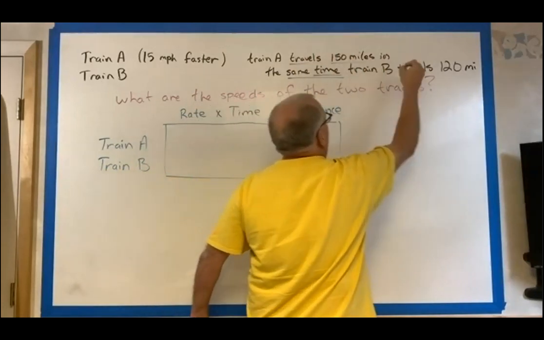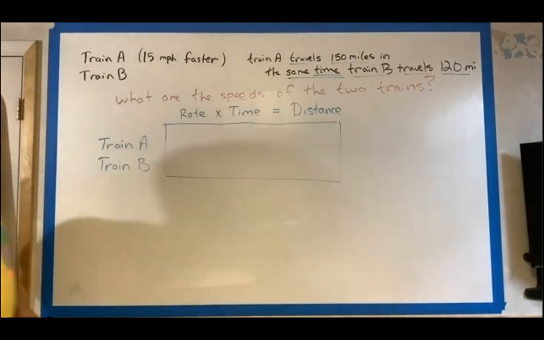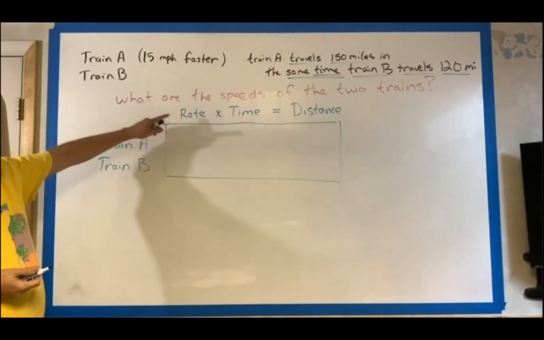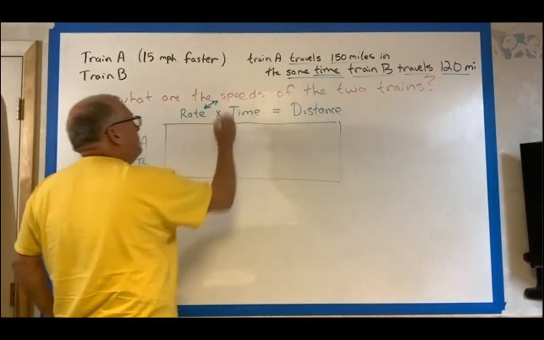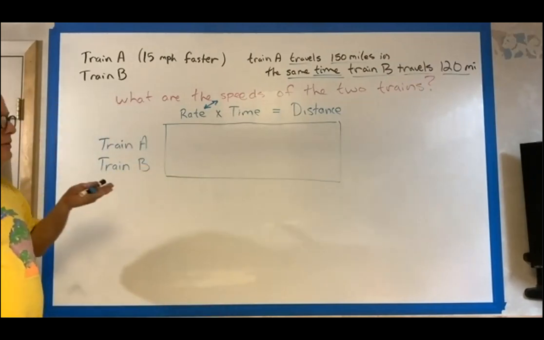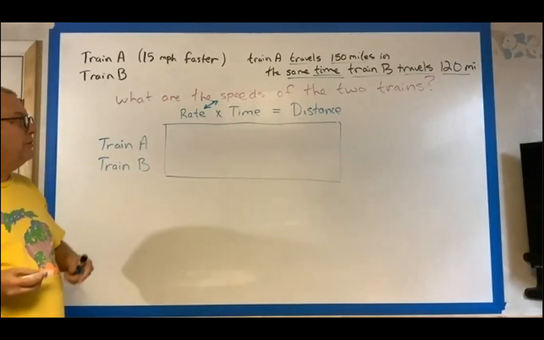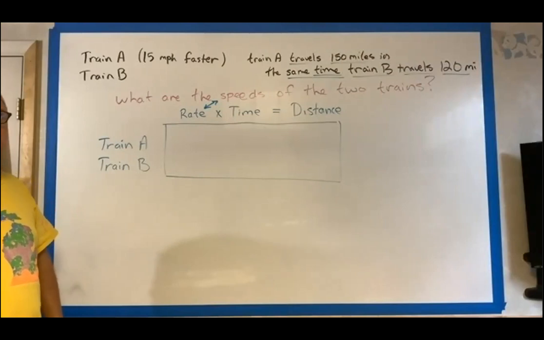Travels 150 miles. Travels 120 miles. So the way that I'm going to figure out how fast they're going, the speed, the rate, is by comparing the time and the distance they travel with this equation. Rate times time equals distance. If you drive 60 miles an hour for 3 hours, you drive 180 miles.